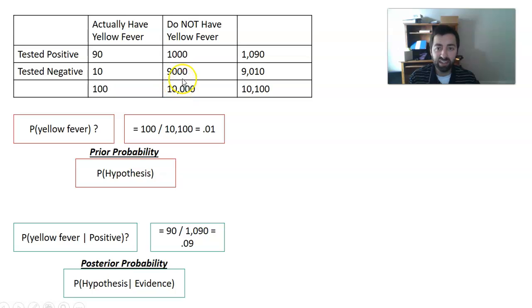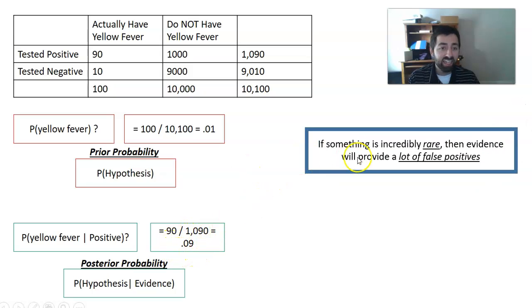So it's a really good test, and yet even if it comes back positive, there's only a 9% chance that that's true. Now that illustrates the important point, that if something is incredibly rare, then evidence supporting it will often be made up of false positives. That's what we're seeing right here.